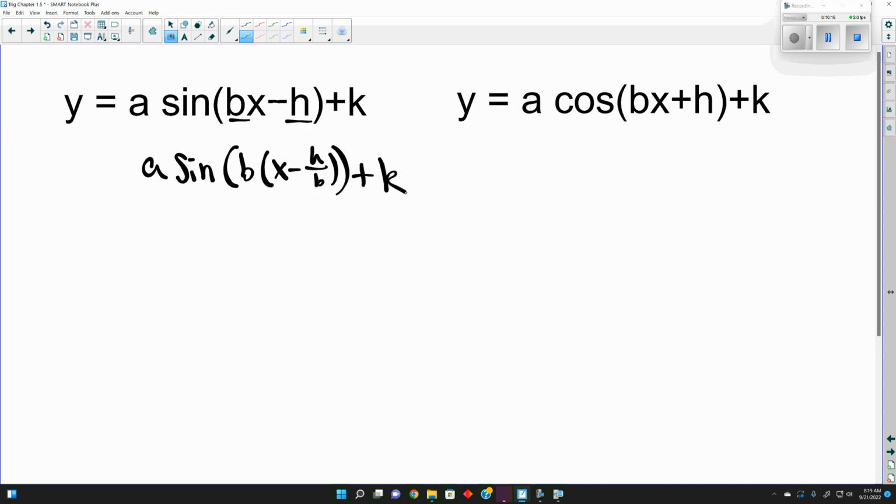To figure out what the real phase shift is, we have to pull whatever that amount is out of both terms. And what we end up doing is just dividing h by the b term to get the phase shift. And if it works out to be a positive value, positive plus h, that means h is going to be negative. Questions on this here?